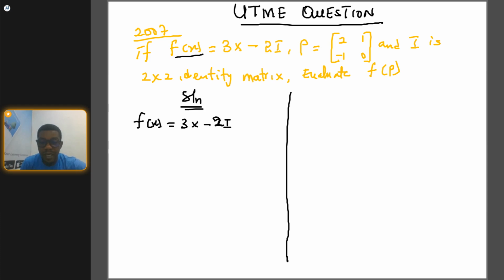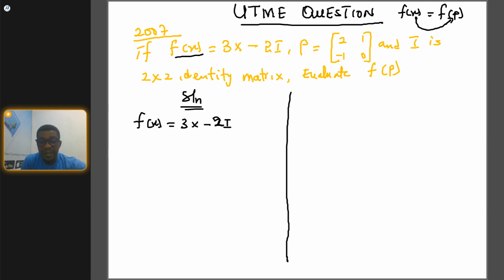Now, if I'm asked to find f of P, it means that f of x becomes f of P, meaning that this x has been replaced with P. Now it is a function of P, not a function of x.